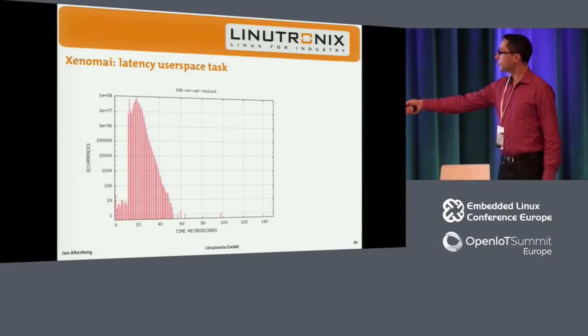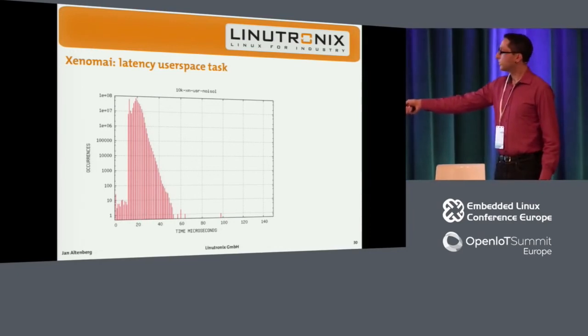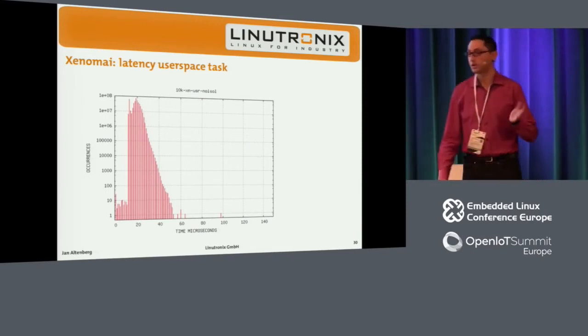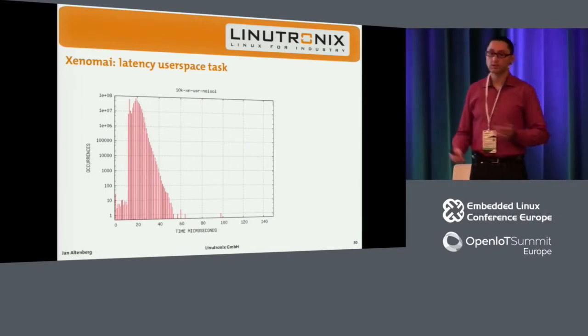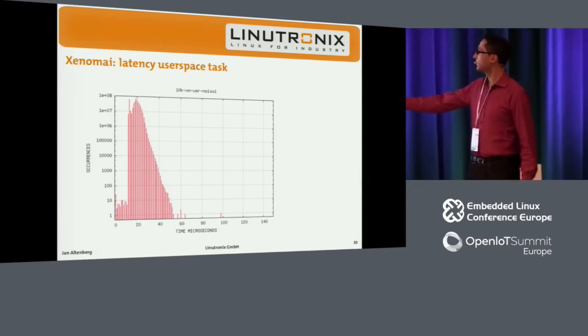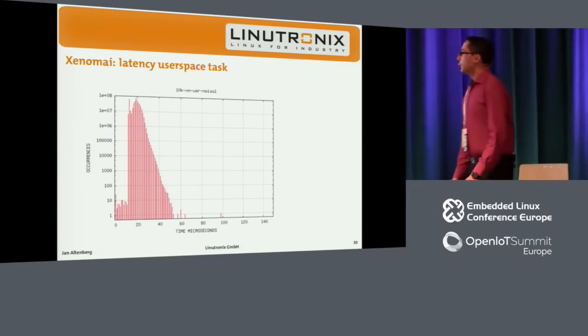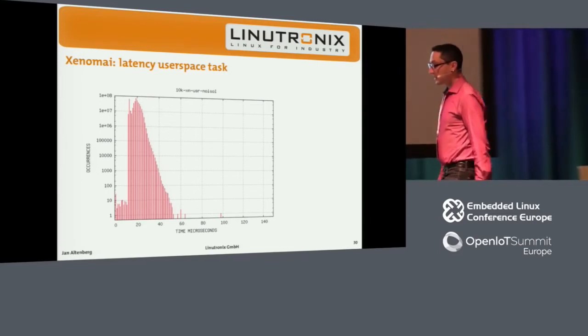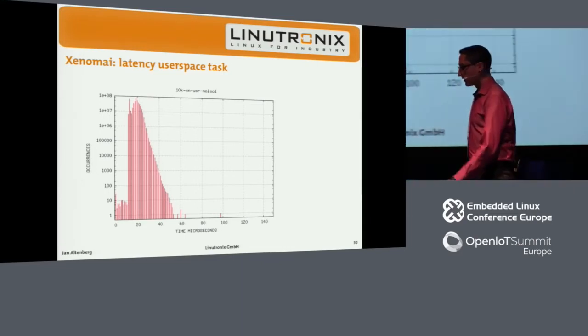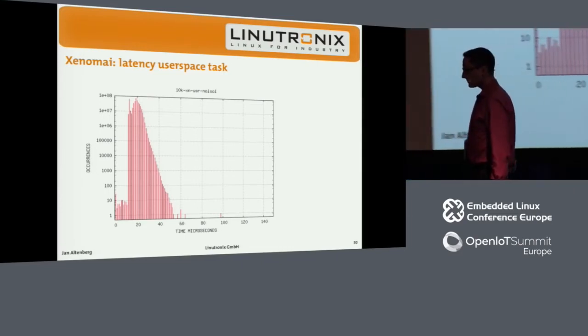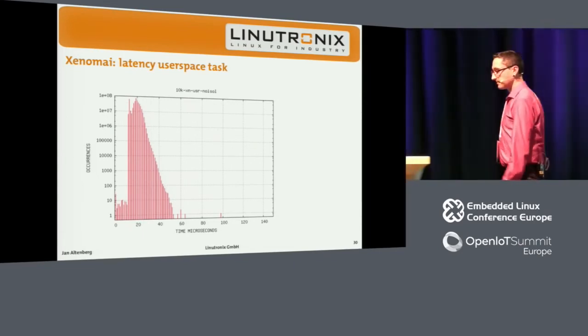You can see the worst case latency right here, this small peak. We had one sample which was around 90, 95 microseconds. That was the worst case latency we got on that device with a 10 kilohertz interrupt. So let's say 95 microseconds worst case latency, which is actually not too bad for a user space application.